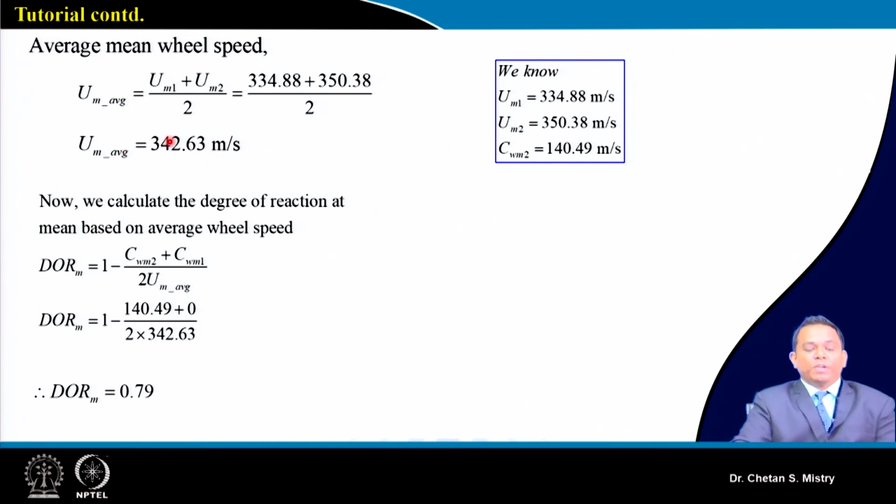If we calculate the average value, we can calculate the degree of reaction at the mid station, and if you put that number, it is coming as 0.79.